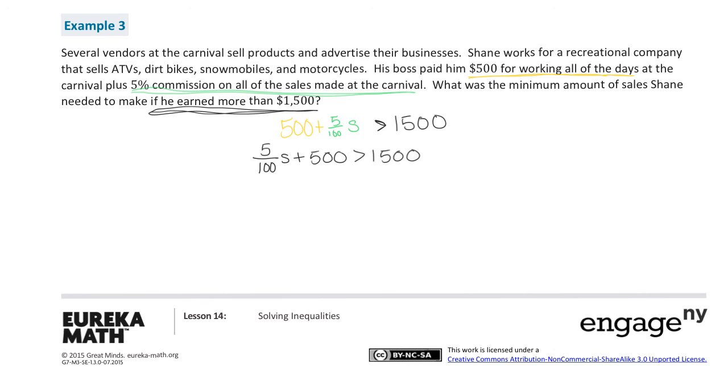First, I see the term of 500 that doesn't have a variable with it. So what I'm going to do is think, what is the additive inverse of 500? Well, the additive inverse of 500 is negative 500. So I'm going to add negative 500 to both sides of my inequality.